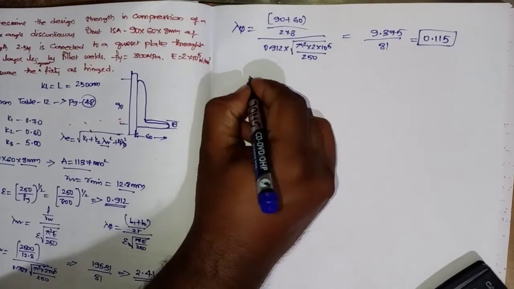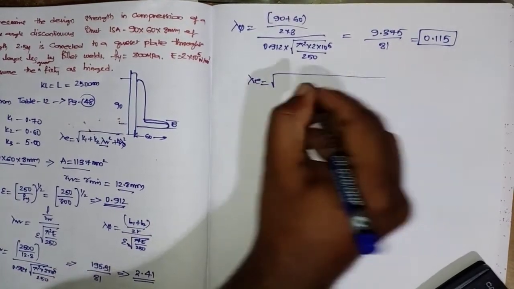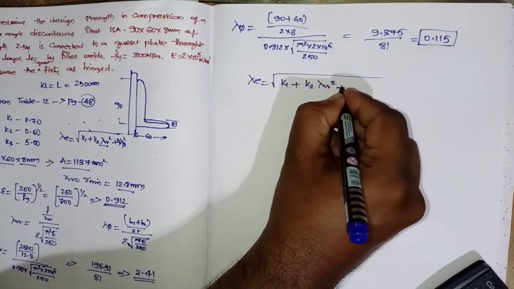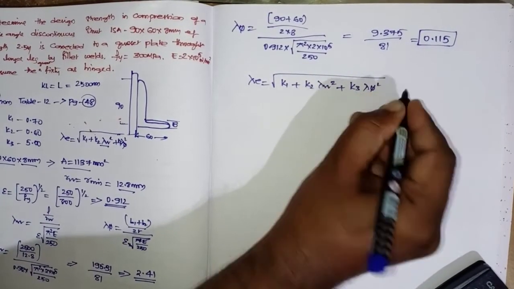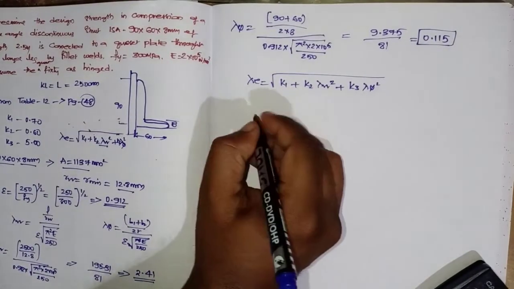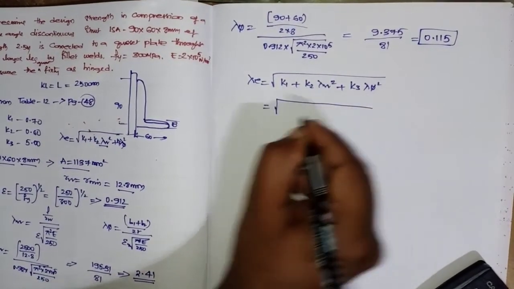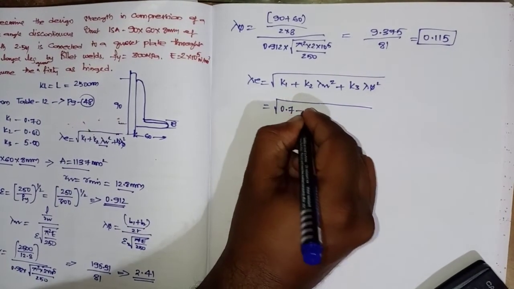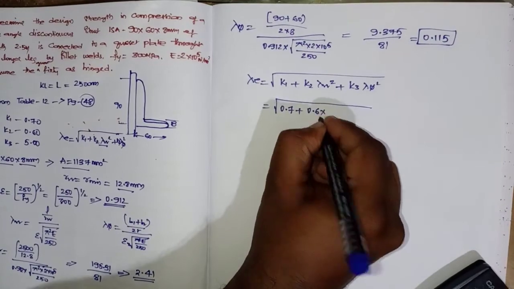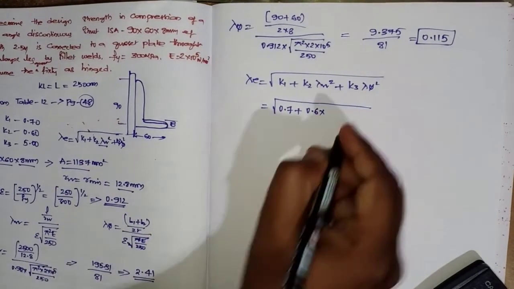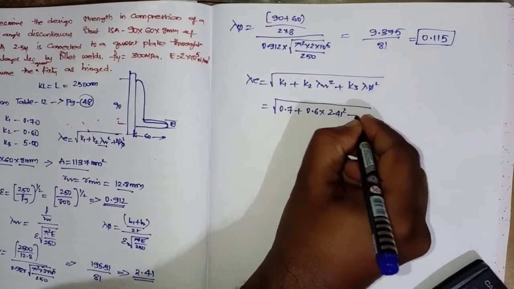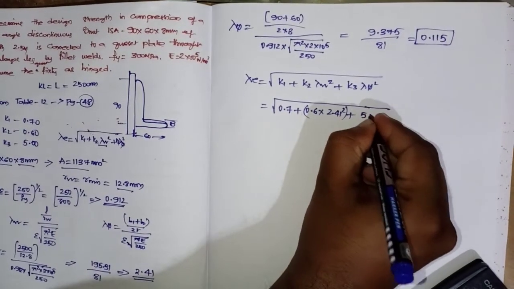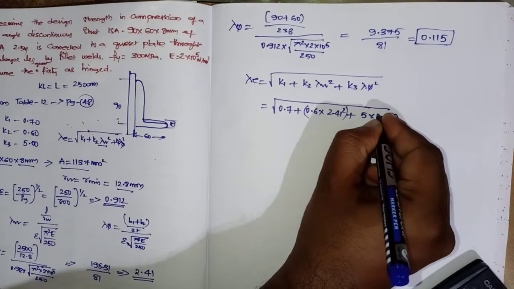Substitute here. Therefore lambda E equals, what is the formula? Root of k1 plus k2 into lambda Vb square plus k3 into lambda phi square. Now if I substitute here, what is k1? 0.7, plus k2 0.6 into lambda Vb, which you got as 2.41 square, plus what is k3? 5 into 0.115 square.